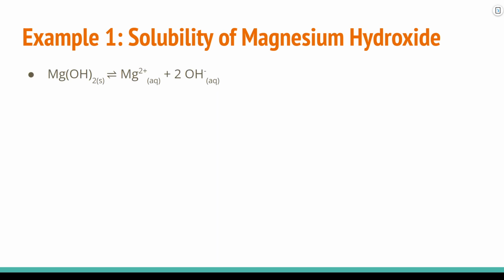So here's an example with magnesium hydroxide. We have a solid dissolving in solution, in our water. In Le Chatelier's principle, if we remove something, this process is going to compensate for that. When I'm talking about shifting to the right, we're going to make more product, meaning I'm increasing the forward rate.